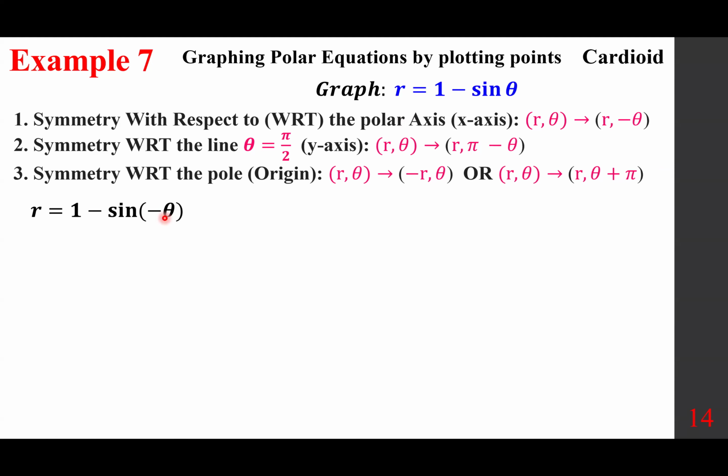As you know, sine of minus theta is negative, because every trigonometric function is odd, you remember that, except cosine. So this is negative times negative, positive. And is this identical to the original one? Absolutely not. So the test fails, which means the polar equation or function is not symmetric with respect to the polar axis or the x-axis.